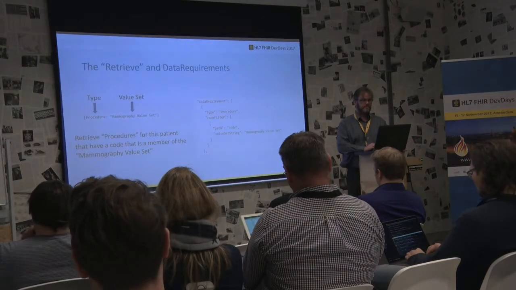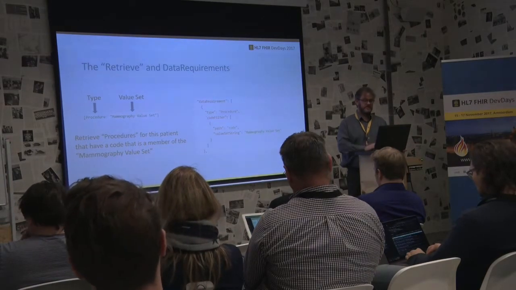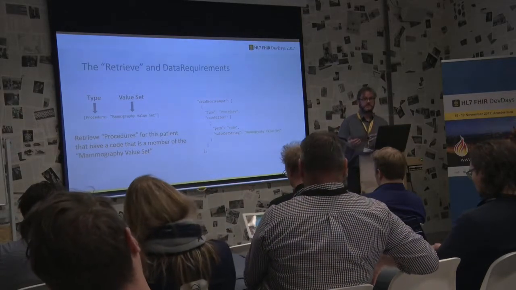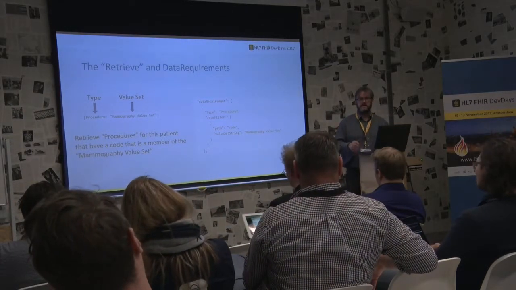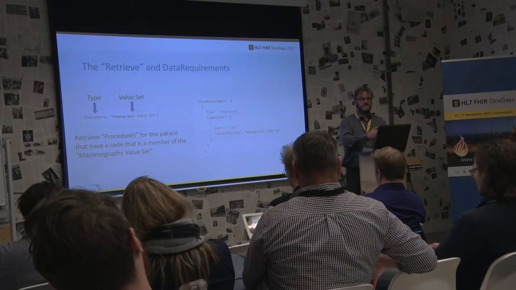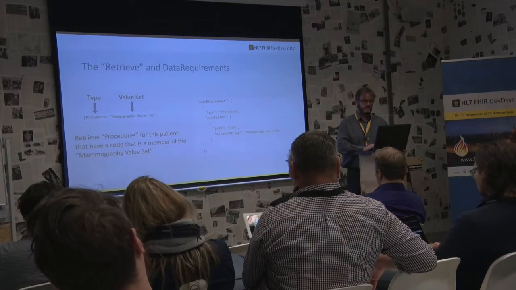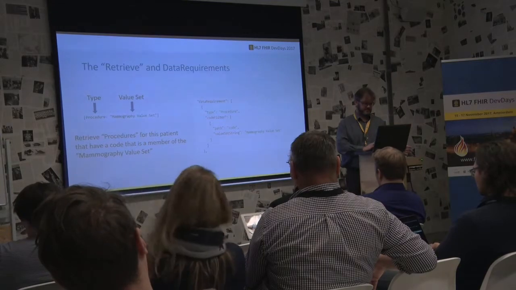This same data requirements functionality is used in the decision support space when we use this same logic on the decision support side to say, this is the data you'd actually have to send me in order to get an evaluation for this piece of logic. Does that make sense? All right.